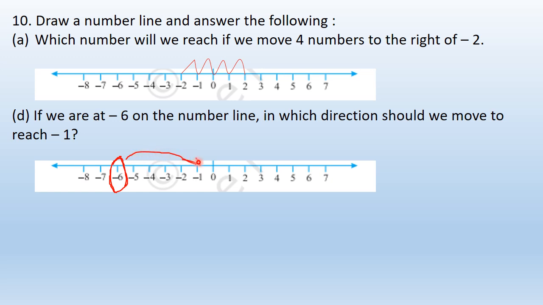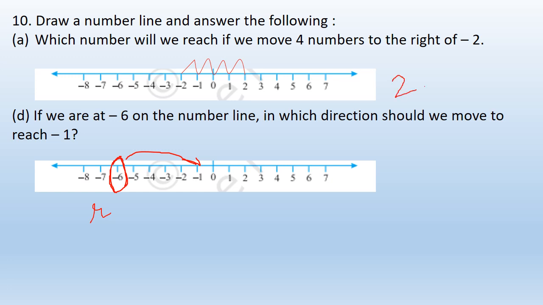As we want to reach minus 1, in which direction do I take the jump? In the right direction. See, minus 6 is here. From minus 6 I want minus 1. So the movement is in the right direction. So the answer is right direction. So those two answers we have to write here: right direction, and here the answer is 2.